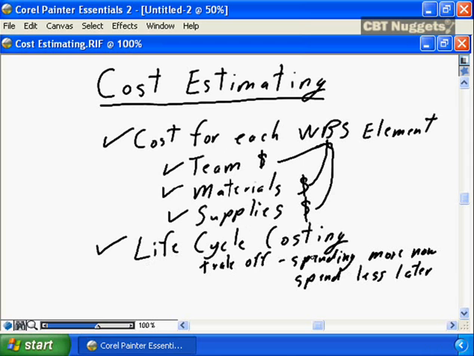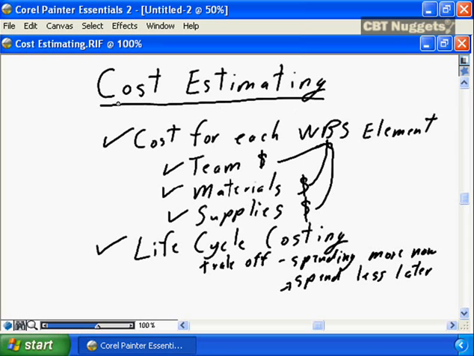I.e., if your project involves an element of analysis and design, the widely held belief, and I'm one of those who hold this widely held belief, is if you spend more time, more money during the analysis and design phases, that you're doing a better job of defining the requirements and defining how the requirements will be satisfied, will result in significant less spending in the development phase when you actually develop the right thing right the first time, as opposed to getting into enhanced levels of testing or enhanced levels of rework.